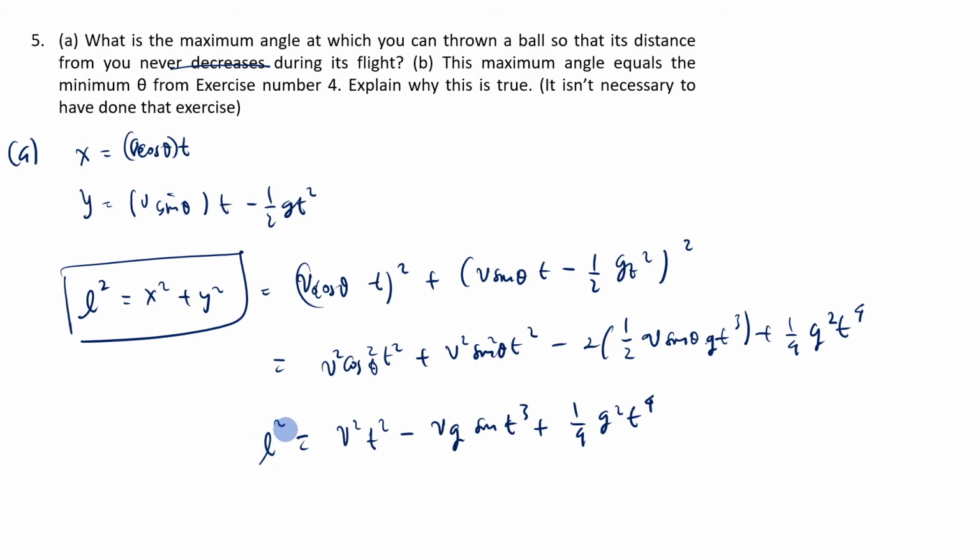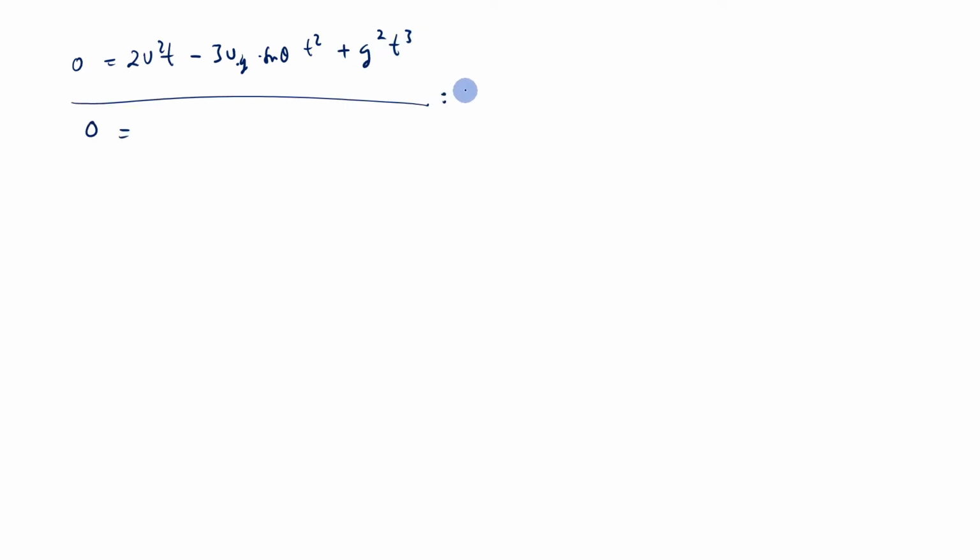And we want the derivative of L, just L squared, to never be less than 0. 0 equals 2 v squared t minus 3 v g sin theta, this is the multiplication, t squared plus g squared t cubed. Of course, dividing all terms by t, we get 2 v squared minus 3 v times g times sin theta t plus g squared t squared.